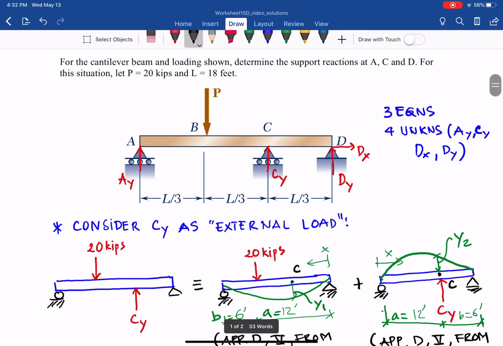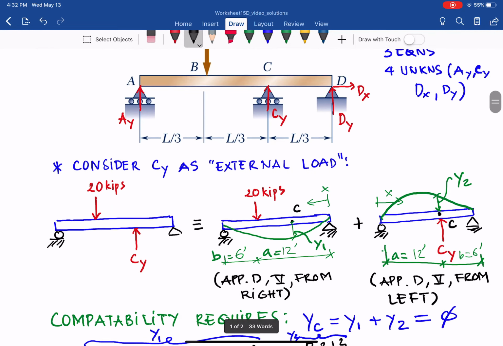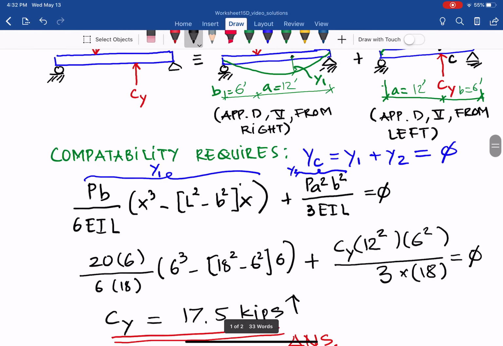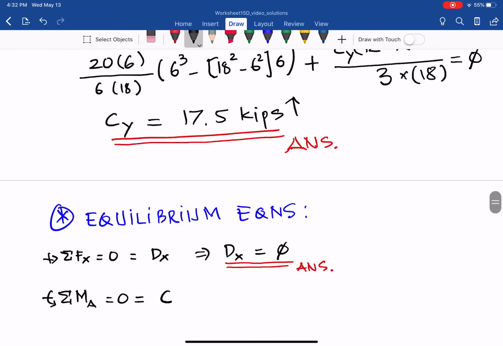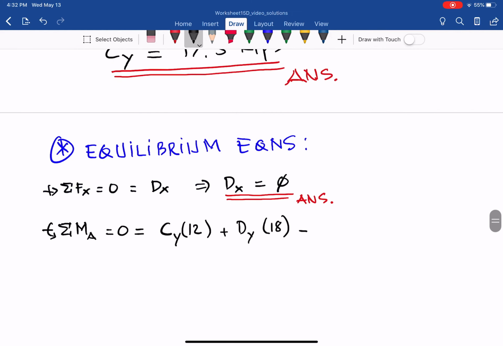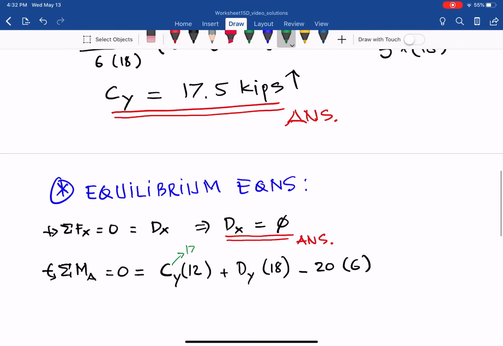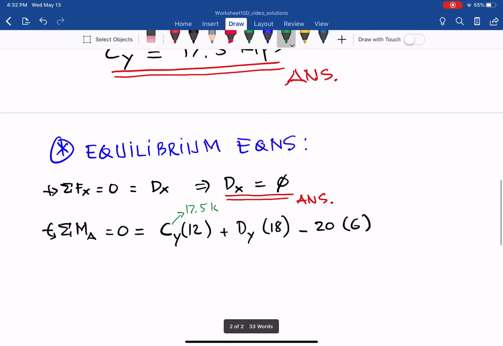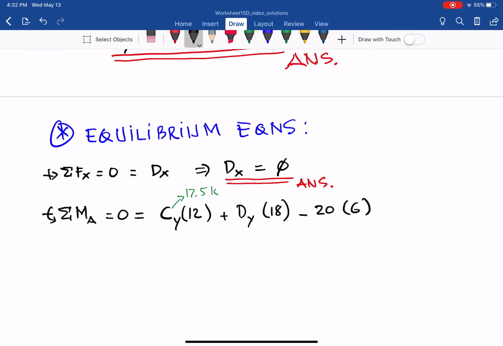So what do you have? You have C_Y times 12 plus Dy times 18, positive, minus 20 kips times 6 equals 0. And C_Y we have as 17.5 kips. So from that we have Dy equals -5 kips.